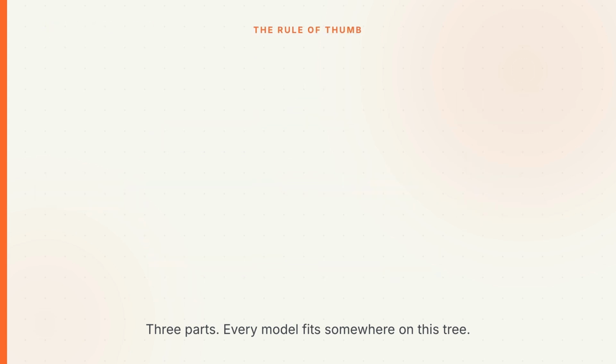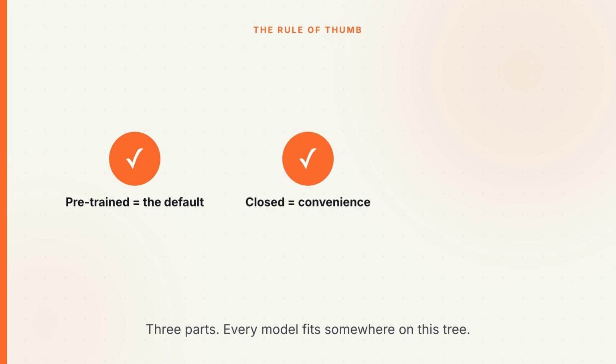So here's the mental model to walk away with. Default to pre-trained. Training from scratch is the rare exception. Default to closed if you just want the best available model with zero infrastructure work. Reach for open only when you need control, privacy, customization, or independence from any one vendor.